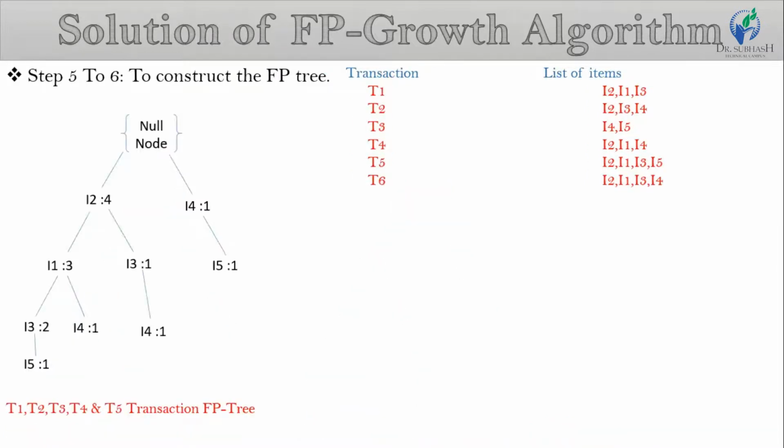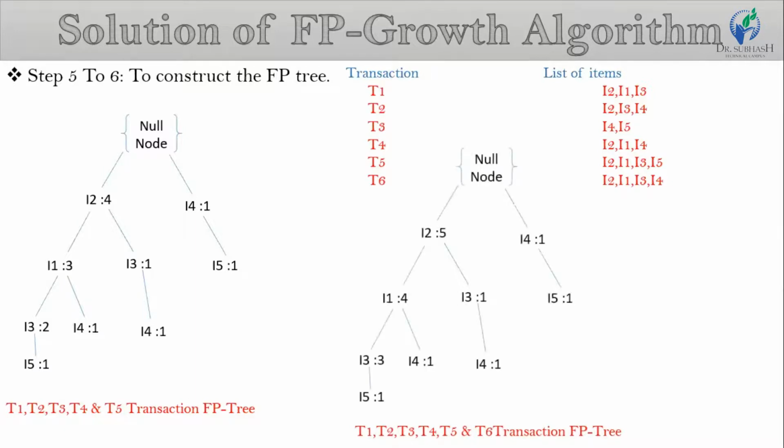Now, in T6, meaning the combination of the FP tree from T1, T2, T3, T4, T5, and T6 transactions. The T6 transaction includes I2, I1, I3, I4 items, where I2 is linked as a child to root. I1 is linked to I2. I3 is linked to I1 and I4 is linked to I3.